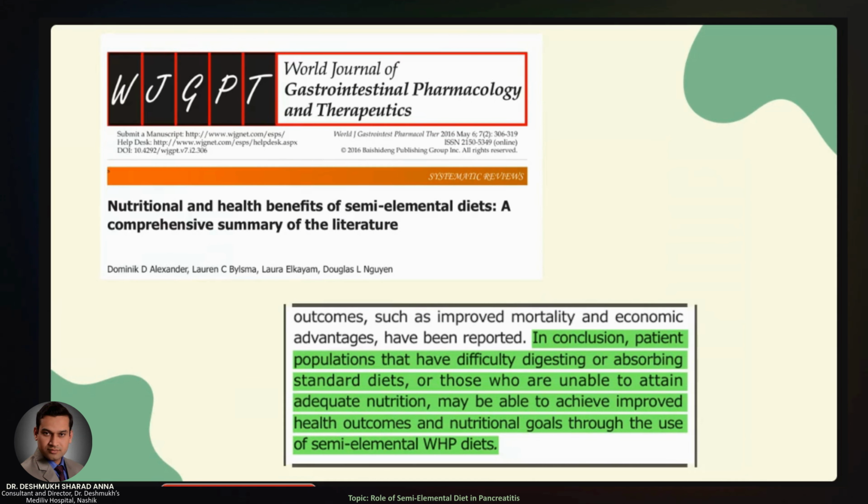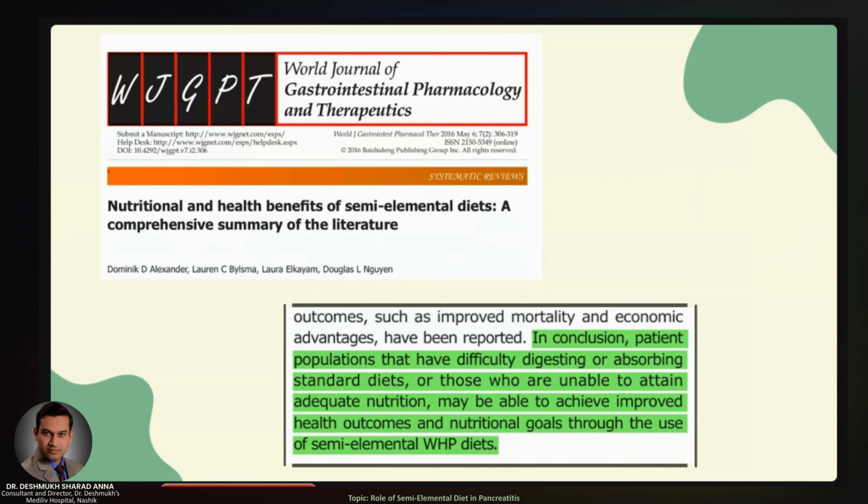In the World Journal of Gastroenterology, Pharmacology and Therapeutics, on the nutritional and health benefit of semi-elemental diet, there is a comprehensive summary of literature. The outcome shows improved mortality and economic advantage as has been reported.